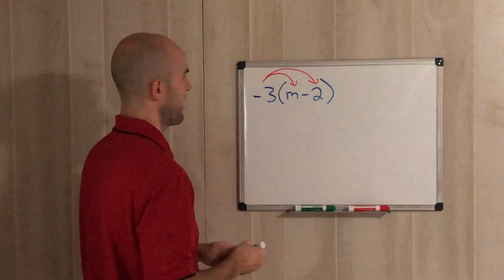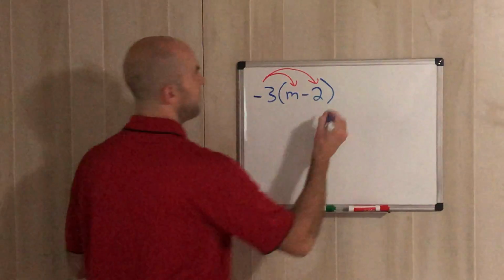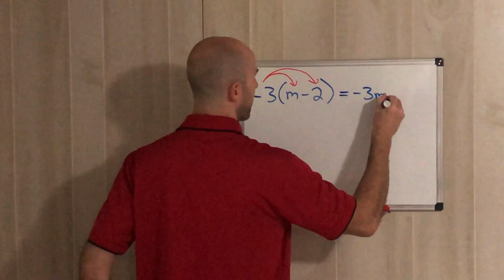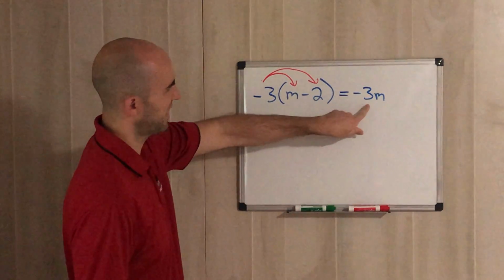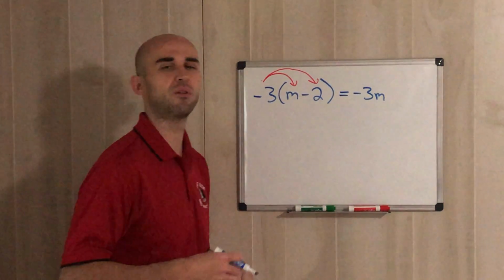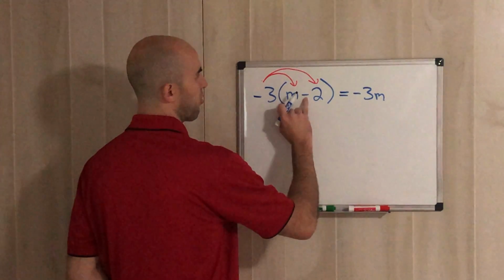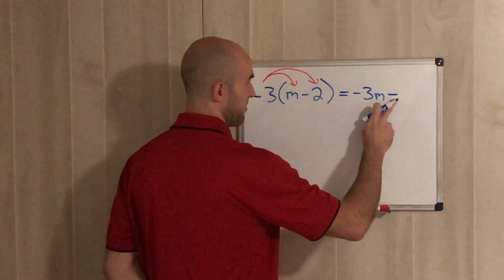The first one people are always fine with. Negative 3 times m gives us negative 3m. It's where people go next that usually has issues. A lot of times people will write a minus sign right there. They say, I see a minus, so that's got to be a minus.